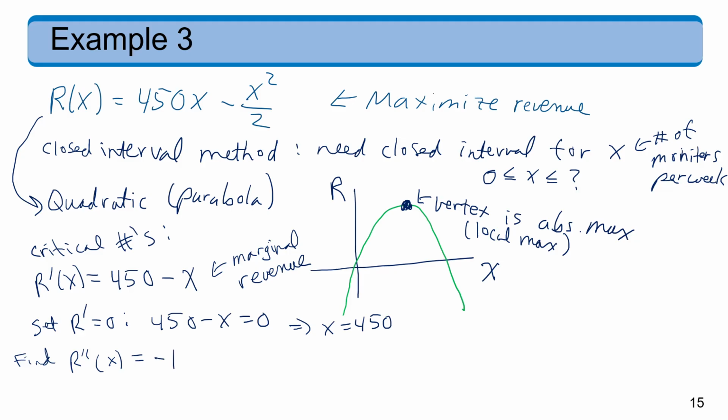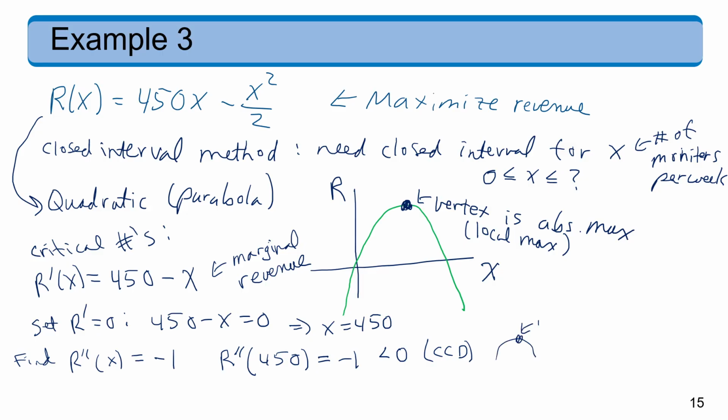Then you plug in the critical number we're considering, which is 450. But notice it doesn't matter what you plug into this formula. The output is always minus 1. We got a negative second derivative, which means, think of that as concave down. And if you visualize concave down, that tells you you've got a max.